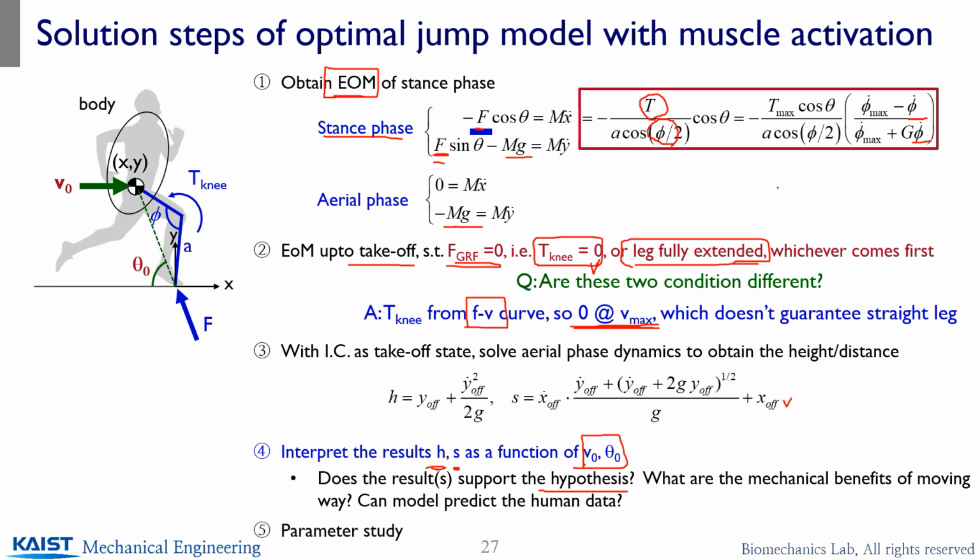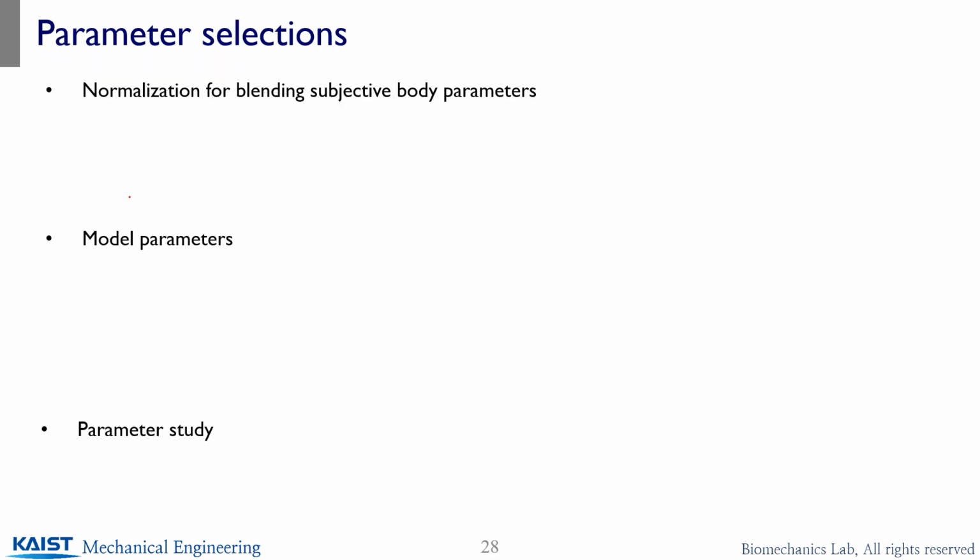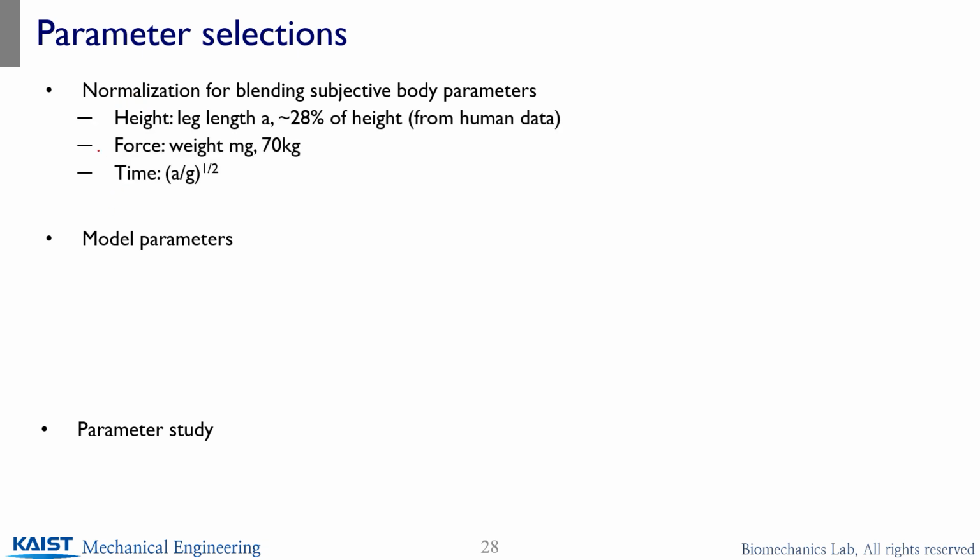One final thing I'd like to mention is that there are many parameters that you have to set. For passive dynamic walking, you could formulate it with only the body parameters, but here many parameters are involved for the muscle mechanics. There are ways that you can set the parameters, such as the three techniques that I'm going to introduce.